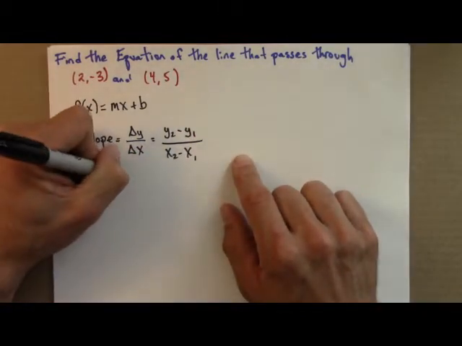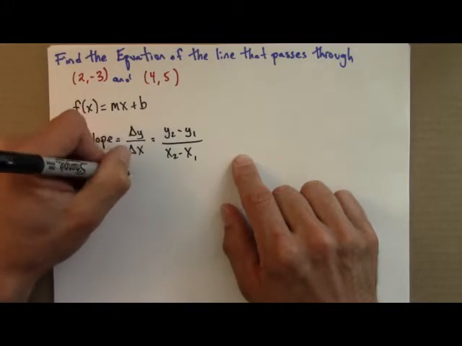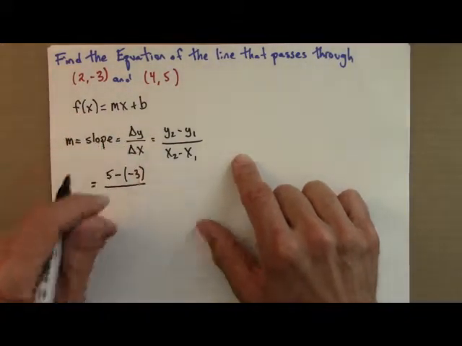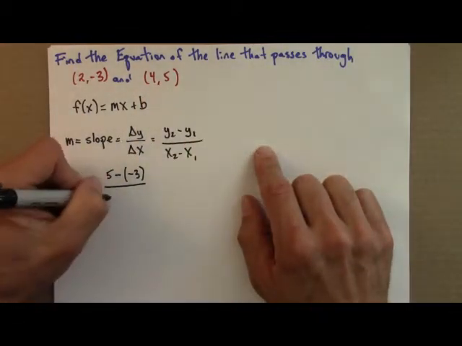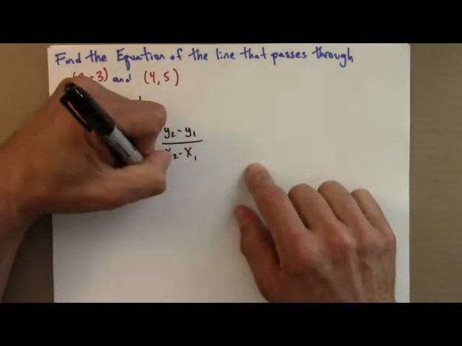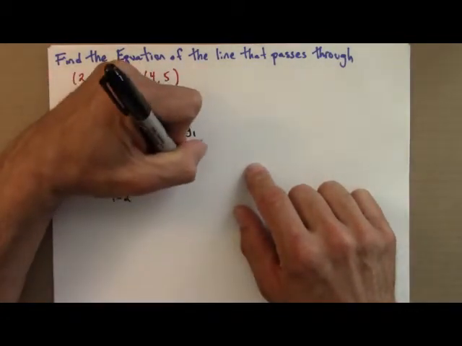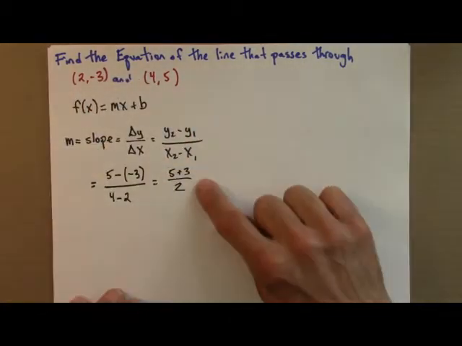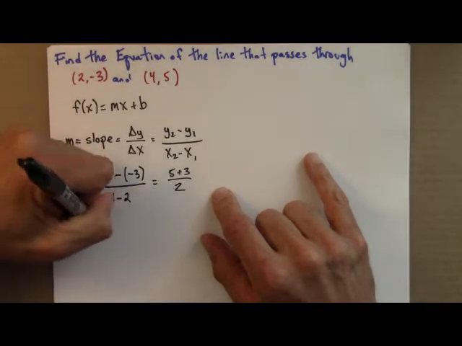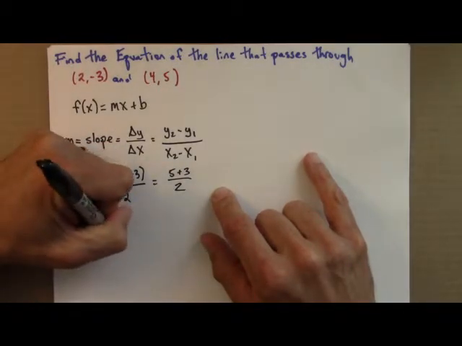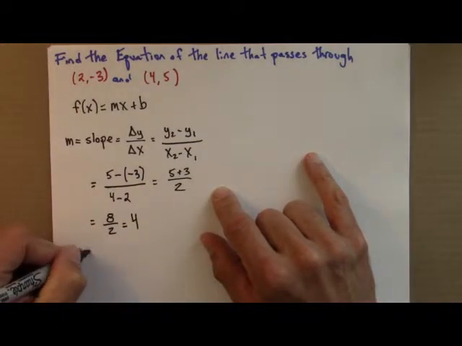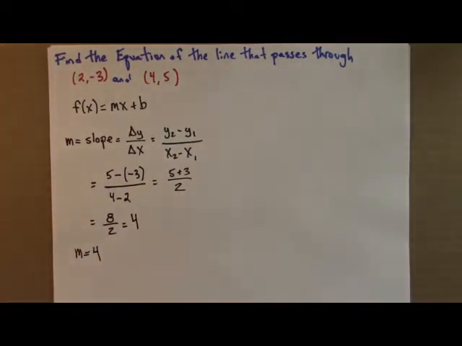So 5 minus minus 3 over 4 minus 2. So 5 minus minus, that's the same as plus. So this is 5 plus 3 over 2. And 5 plus 3 is 8. And 8 over 2 is 4. So we know that m equals 4.